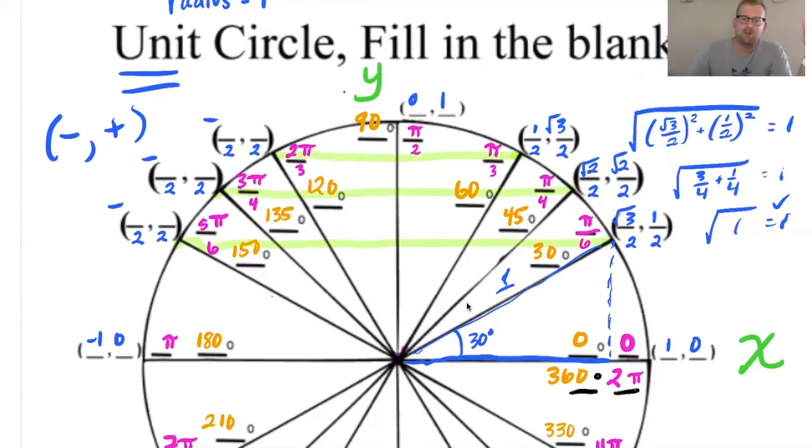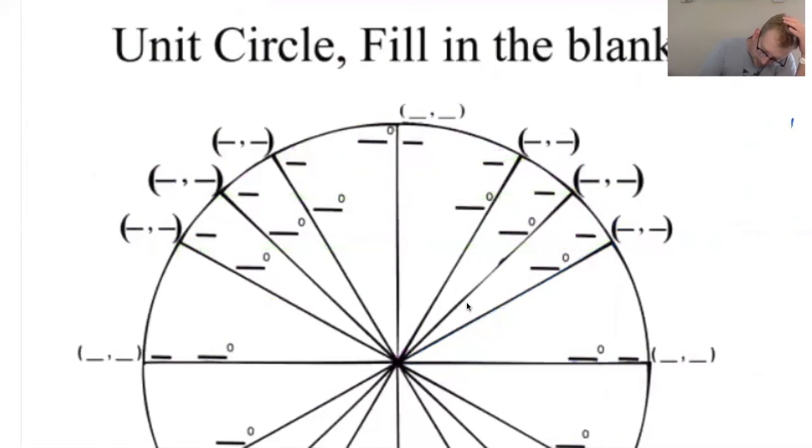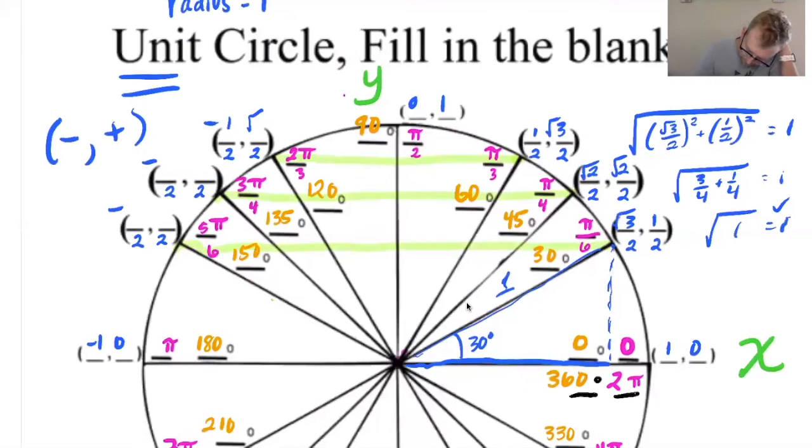But now the x's will all be negative. So this will be negative 1/2, positive root 3. This will be negative root 2, positive root 2, and then negative root 3, positive 1/2. Okay? And once again, it's just a copy and paste directly from the coordinates in quadrant 1 to the coordinates in quadrant 2.